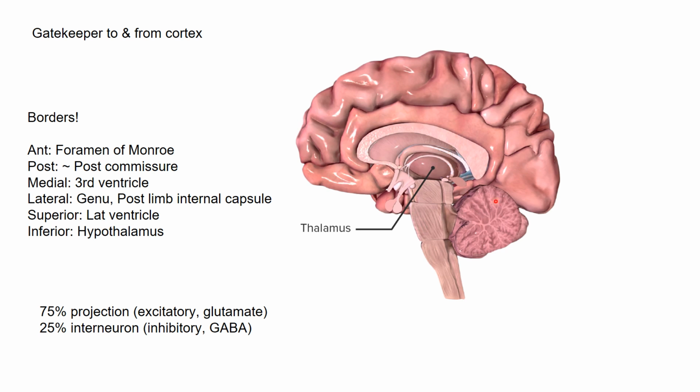Medially, and since we're looking at it from a mid-sagittal section, this surface of the thalamus medially is bordering on the third ventricle. So you would have your third ventricle space right here. And then laterally, you have your genu and posterior limb of the internal capsule. And that makes more sense when we look at cross-sectional images.